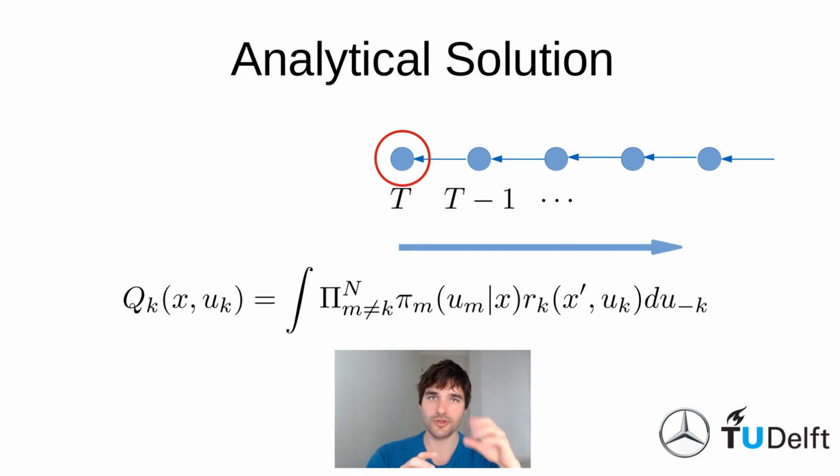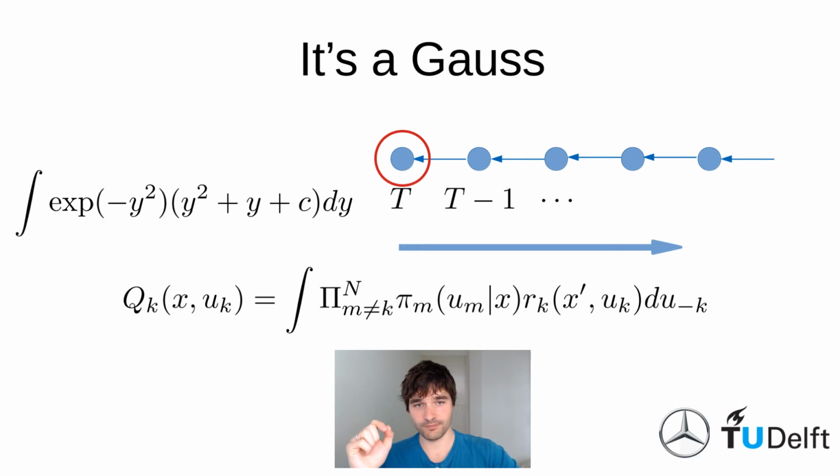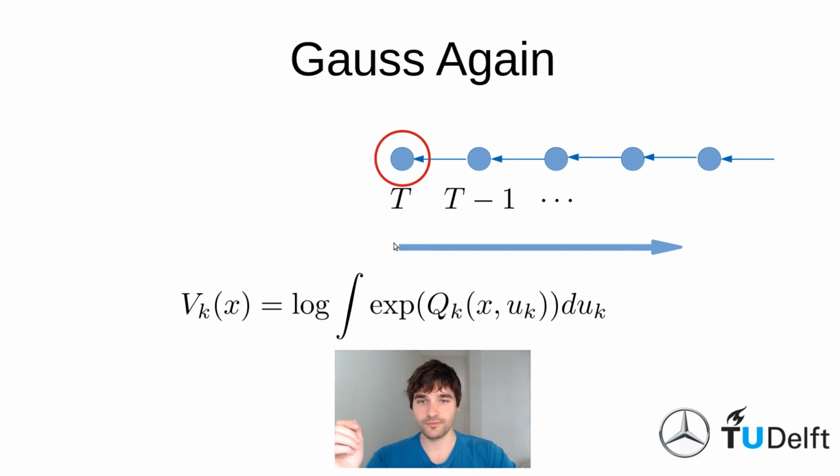So all the agents have a Gaussian policy. And with a Gaussian, so some exponential minus y square here, and then some second order polynomial, we can solve this analytically, okay? So we can just do it on a piece of paper. We don't have to do reinforcement learning to solve this for this step, what the policy is and the Q function. So we just do that.